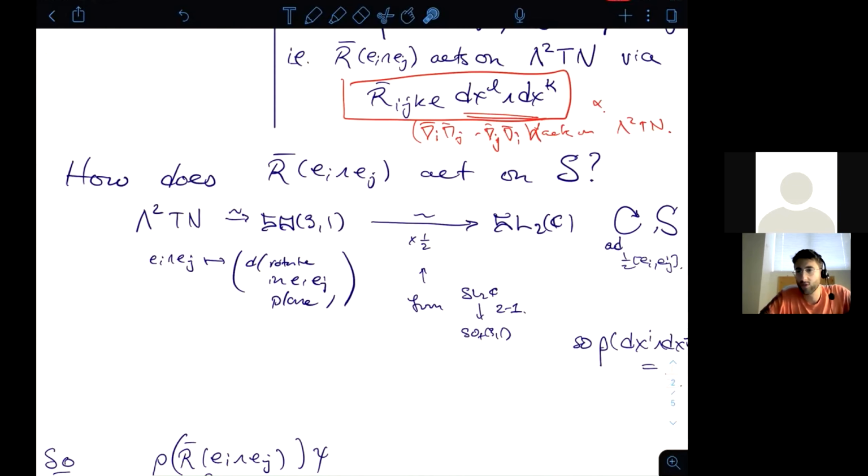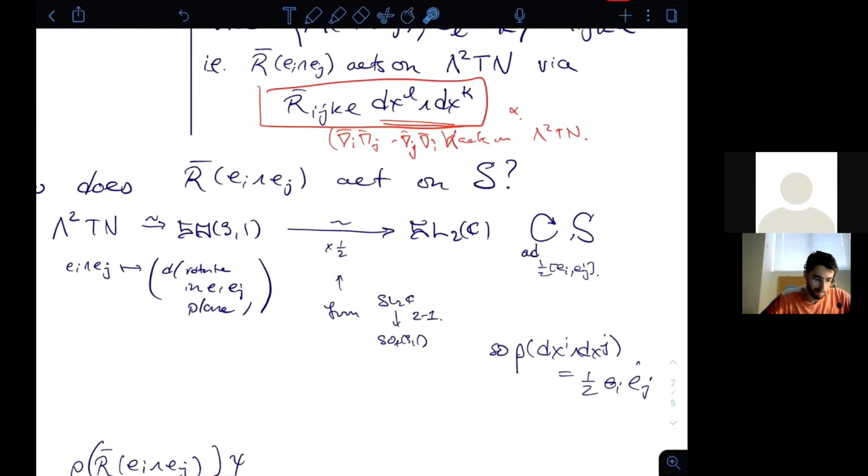A special orthogonal group of a vector space with an inner product can be identified with lambda 2. What is the map, roughly speaking? It's the following. You take EI wedge EJ and you send that to the infinitesimal generator of rotation in the EI EJ plane from EI to EJ.